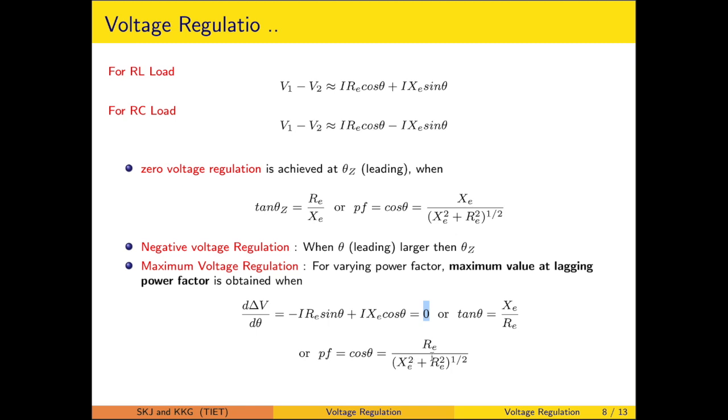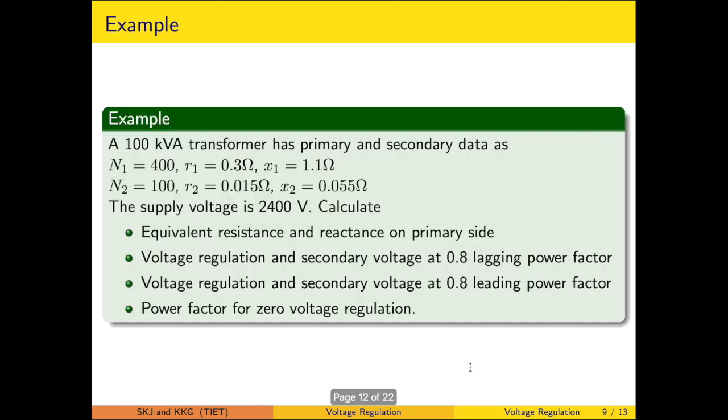as follows. And as an example, we have considered a 100 kVA transformer having primary and secondary parameters. The number of turns are 400 and 100 respectively. Correspondingly, the resistance and reactance values are also specified.